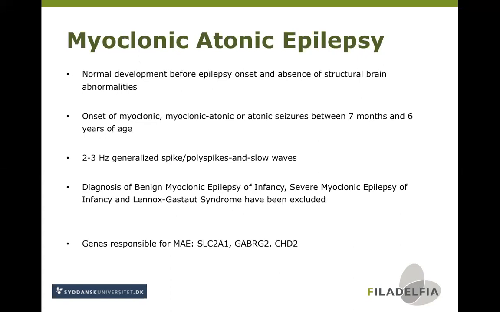And on the EEG, they should display 2 to 3 Hertz generalized spike and polyspike and slow waves. And then there are some diagnoses that should be excluded before you can make the diagnosis of myoclonic atonic epilepsy. And so far, several other genes have been found to be responsible for MAE, such as SLC2A1, GABRG2, and CHD2. And now this SLC6A1.